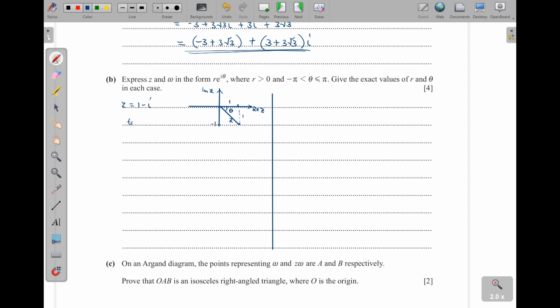So tan of theta, because there we are using SOHCAHTOA, it's a right angled triangle. So tan theta is equal to the opposite over the adjacent. Okay, so tan of that theta is equal to 1 over 1. That means theta is going to be the arctan of that one, which is pi over 4. But since we are moving anti-clockwise, it is below the x-axis, it has to be a negative.